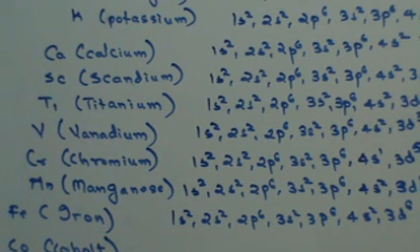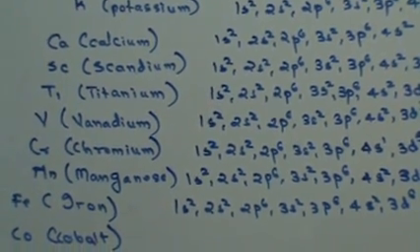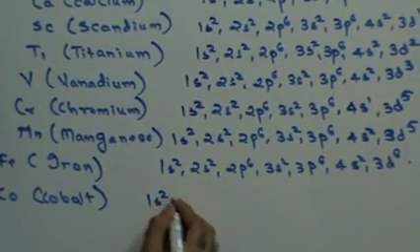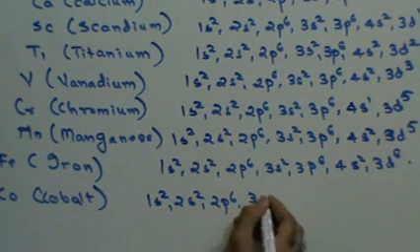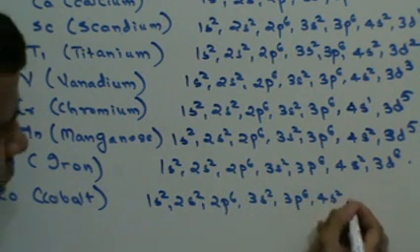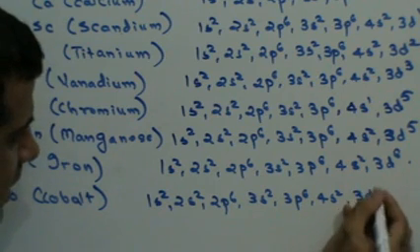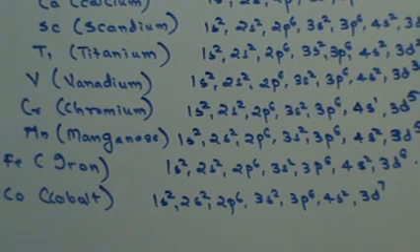Cobalt, please write the electronic configuration of cobalt. 1s2, 2s2, 2p6, 3s2, 3p6, 4s2, 3d7. D orbital can have a maximum of 10 electrons.